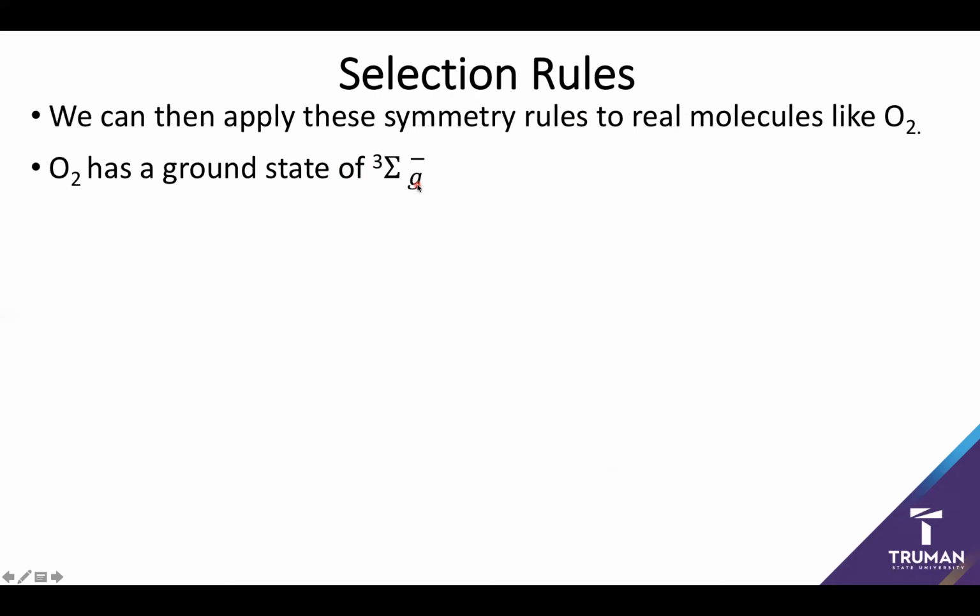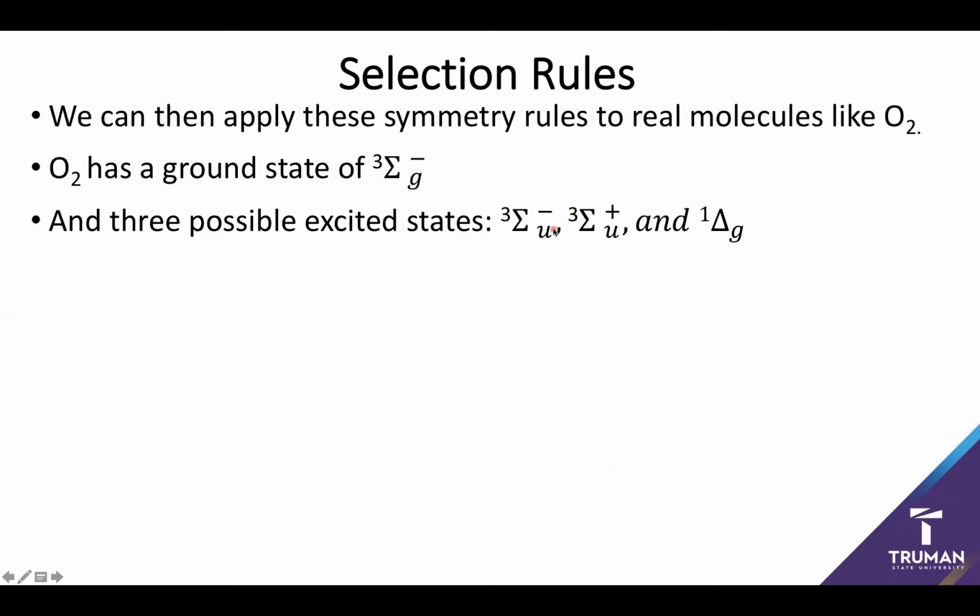So we can identify three possible excited states by building up our MO diagrams and assigning symmetry, two of which are going to be triplet, inversion antisymmetric, sigma orbitals. One's antisymmetric to planar symmetry, one's symmetric. We also have one case where both electrons end up in the same orbital, which gives me a singlet delta and Gerade symmetric system. Now, let's figure out which one of these states is going to be allowable.